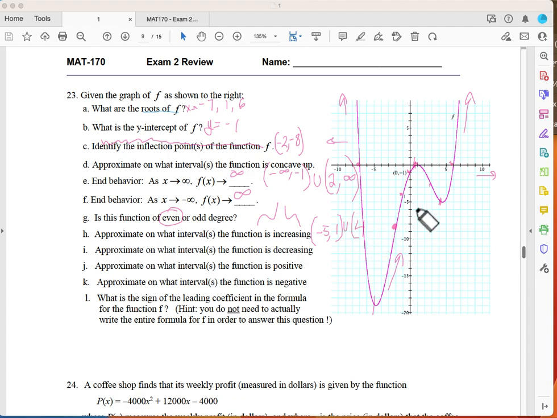We'll do a union from 4 to infinity. The places it's decreasing are the opposite, so it would be from negative infinity to negative 5, and then it increases, and then it's decreasing from 1 to 4.